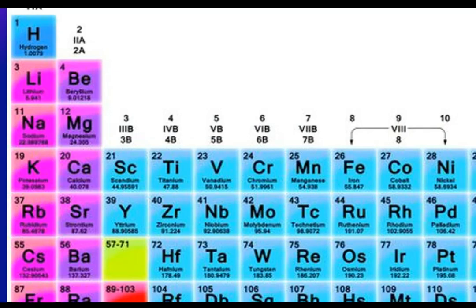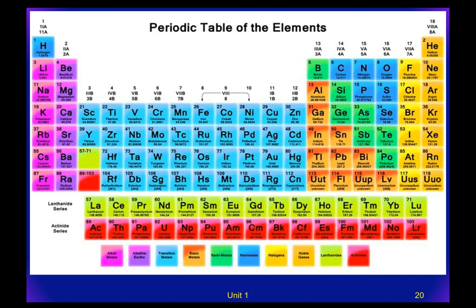Let's go to hydrogen. Hydrogen is at position 1 up here in the upper left-hand corner. So if we were to draw this, knowing that hydrogen is at number 1, right?